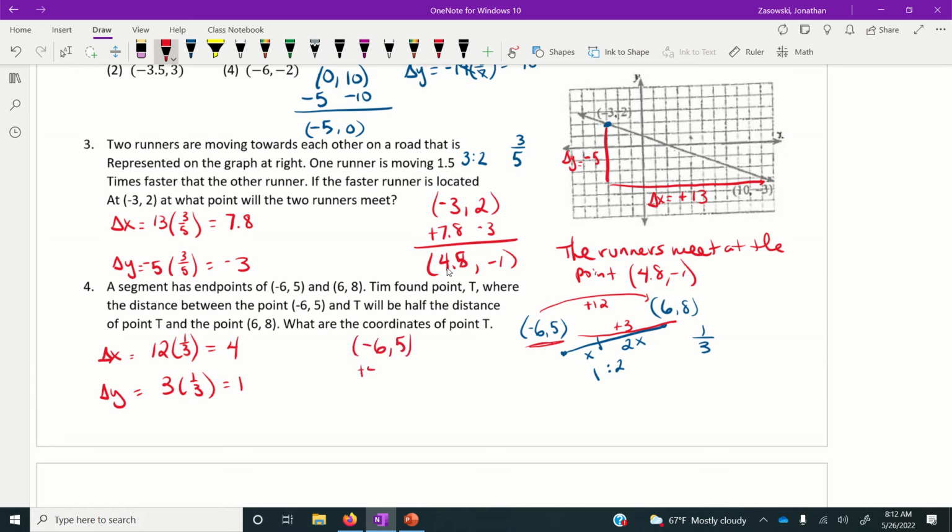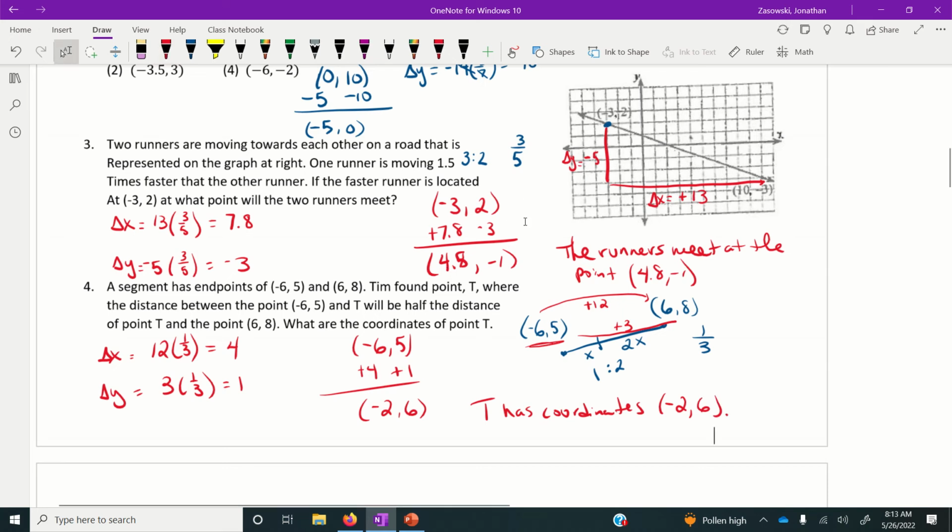And we're going to add 4 to the x, because that was our change in x. Okay? And we're going to add 1 to the y, and we're going to get the point -2, 6. So T has coordinates of -2, 6.